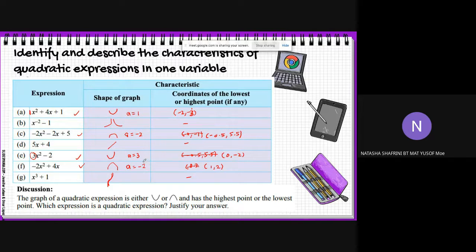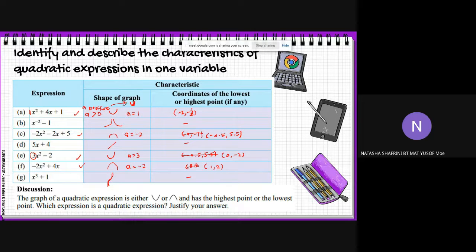So we can say that if you have the value of A positive, ataupun A more than 0, you akan dapat shape of graph U shape.